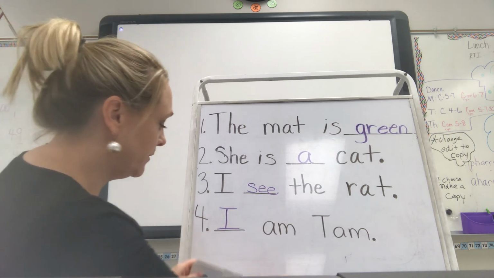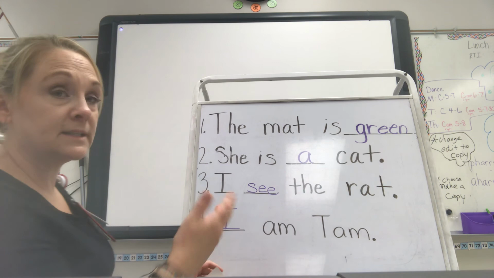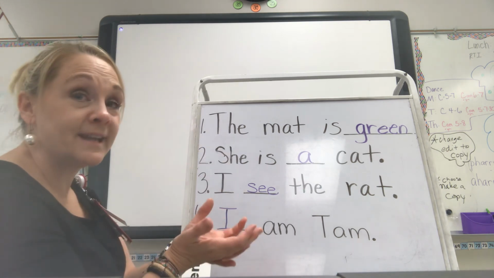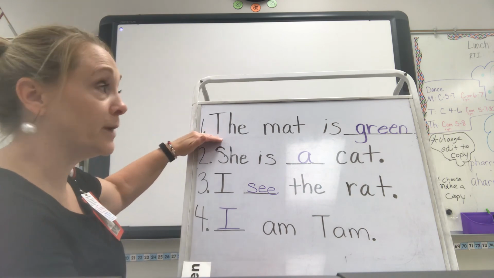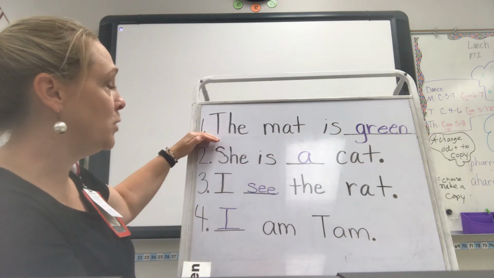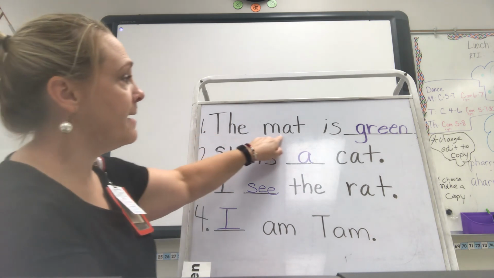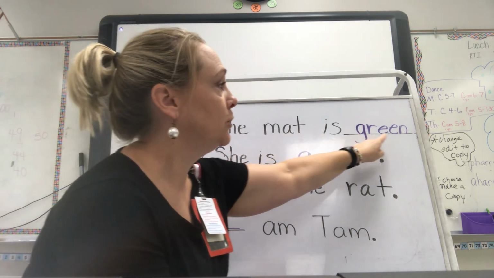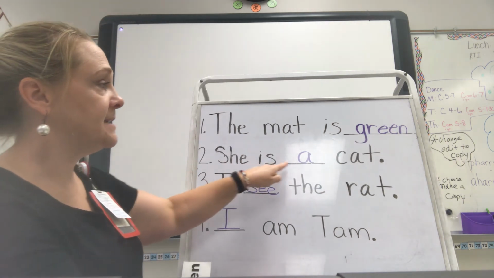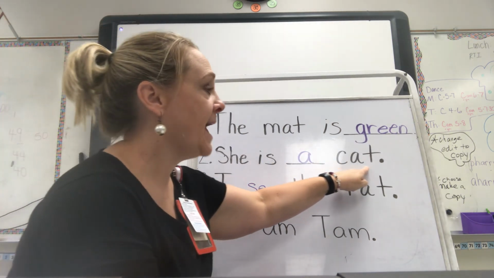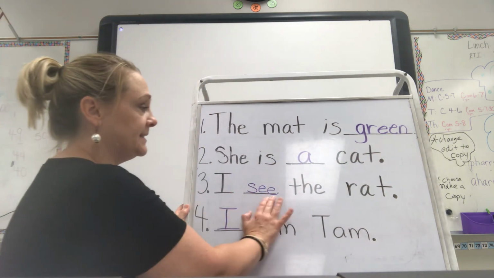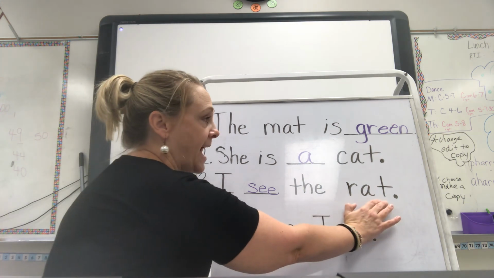So, before the end of our video, let's go back and read each of our sentences again. Each of our complete ideas that begin with an uppercase letter and end with a punctuation mark. So number 1, the mat is green. Number 2, she is a cat. Number 3, I see the rat.